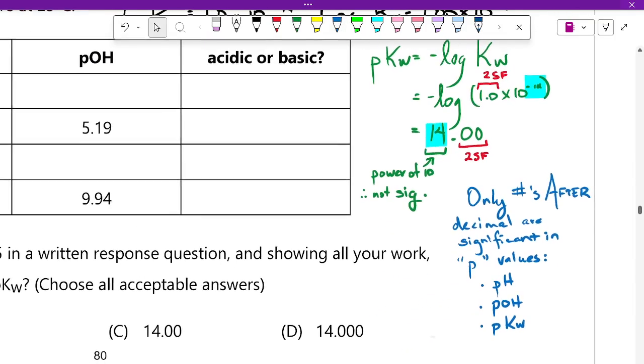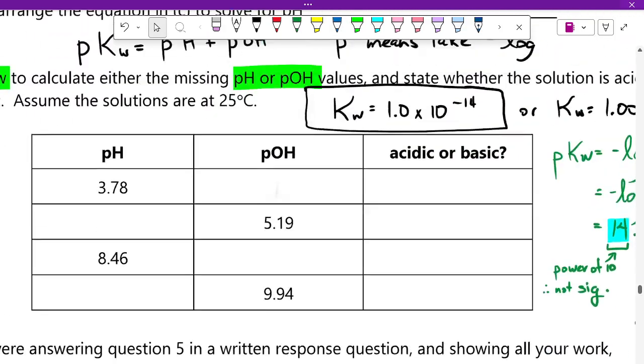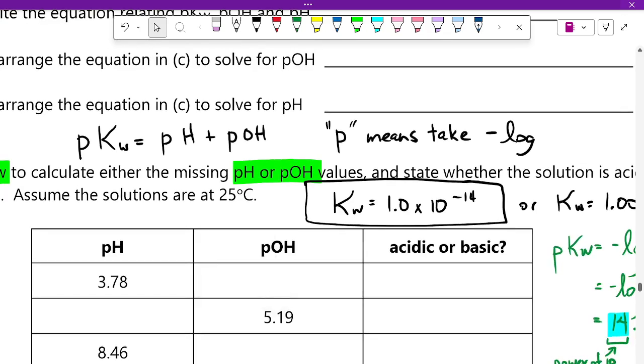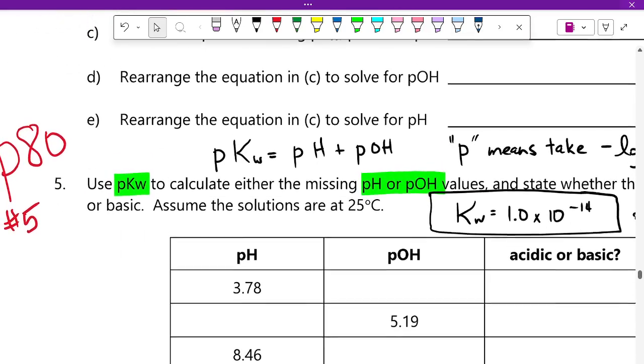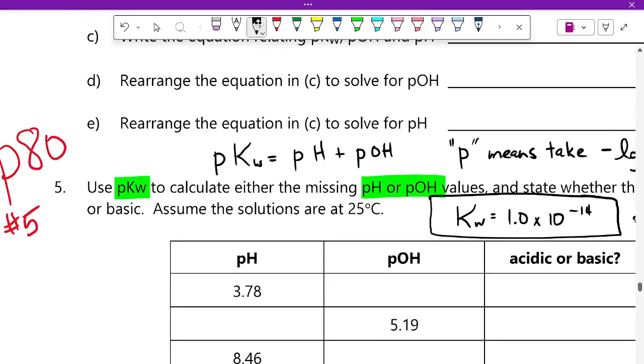All right. So going back to then our original question, took the long way there. We know that pKw is equal to pH plus pOH. And we know that pKw is equal to 14.00.